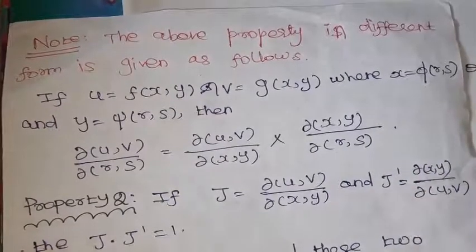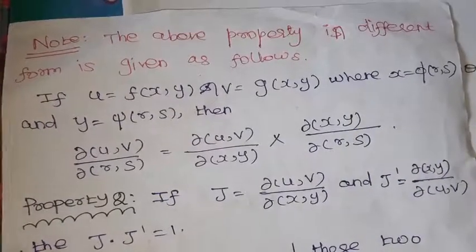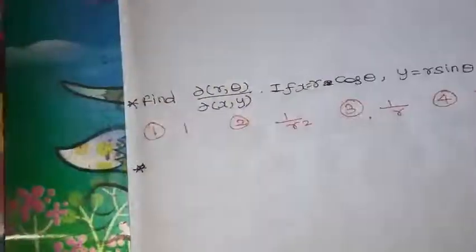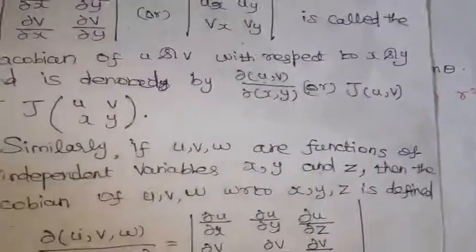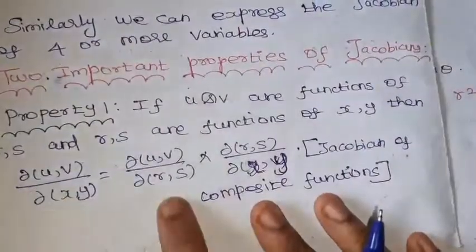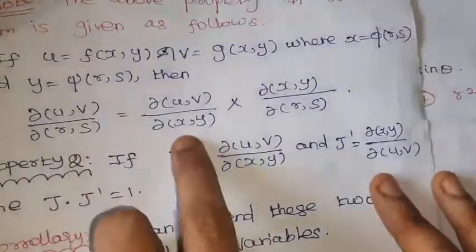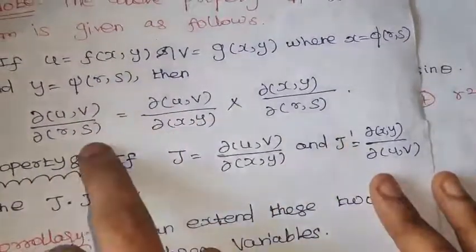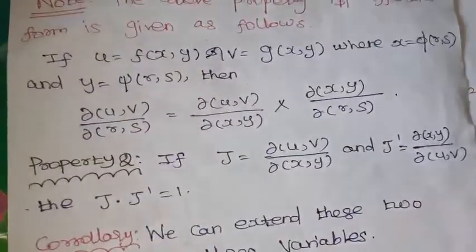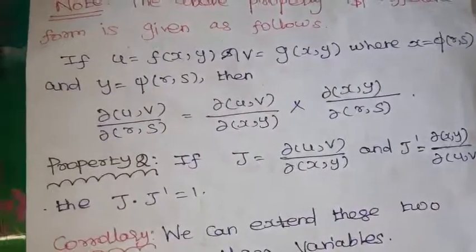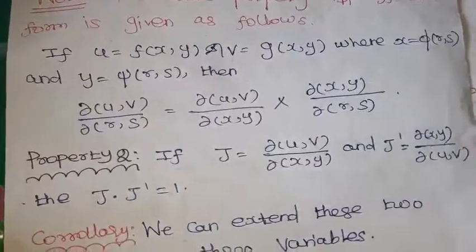We can express it like this also. Here u, v depend on x, y, which depend on r, s. So how can we relate them? This is the property of Jacobians.